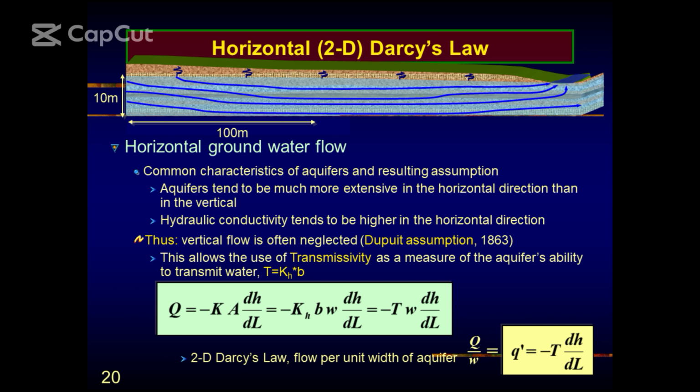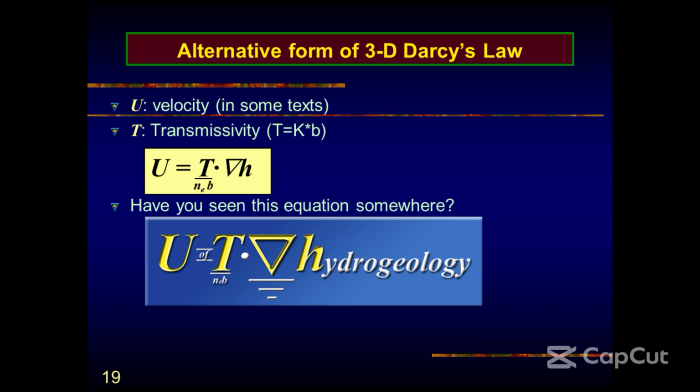Now, in some texts, the velocity is represented as T dot del H, but divided by n_e b. Okay? Which is just another way of expressing this. Because the velocity is initially what? K over n del H, isn't it?